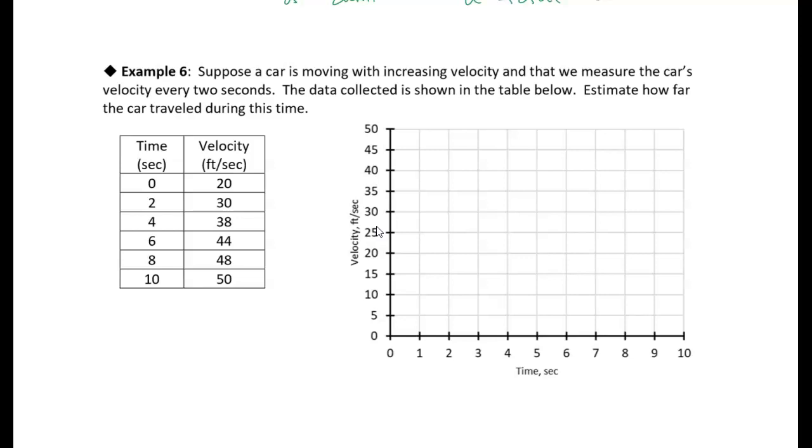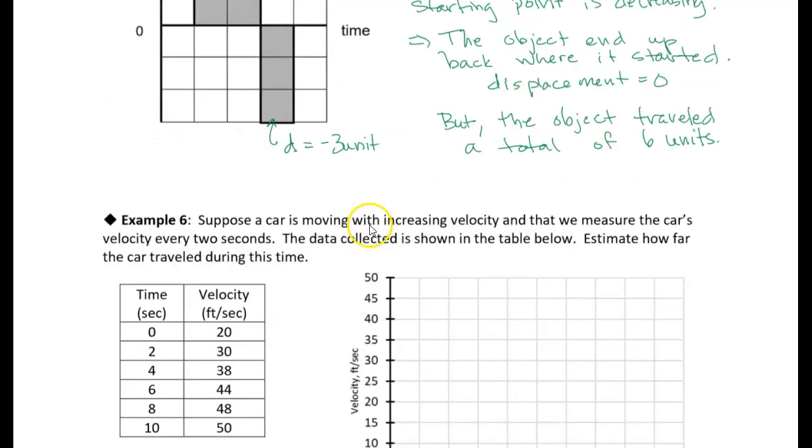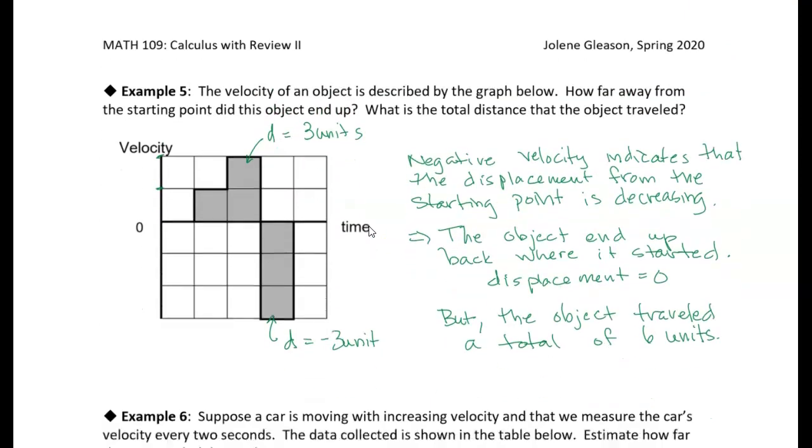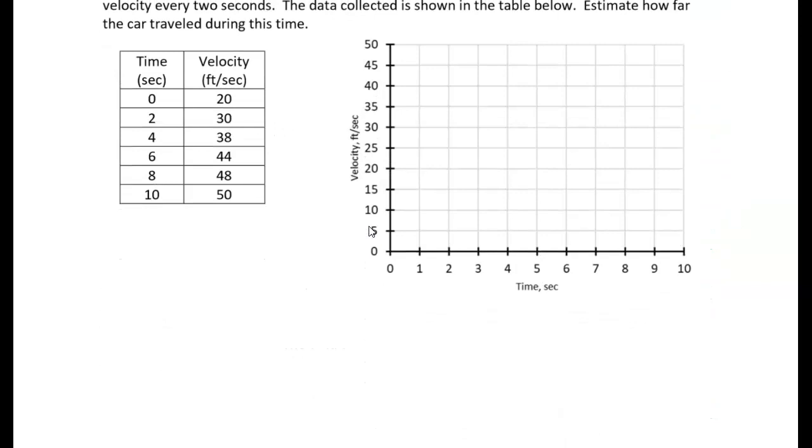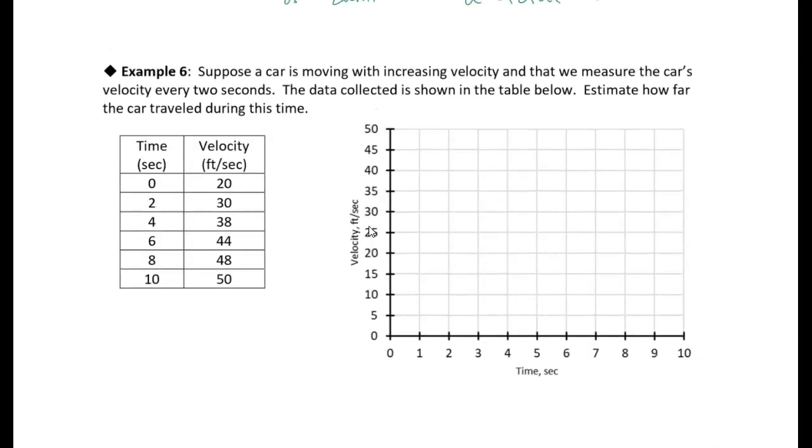But sometimes it's not just a nice stepwise velocity curve that we can calculate easily. Sometimes we're not even given a function, we're just given data. So this is a really practical technique for analyzing data.